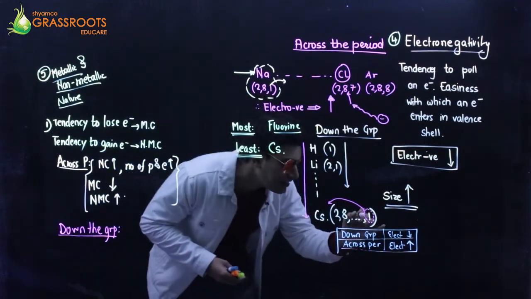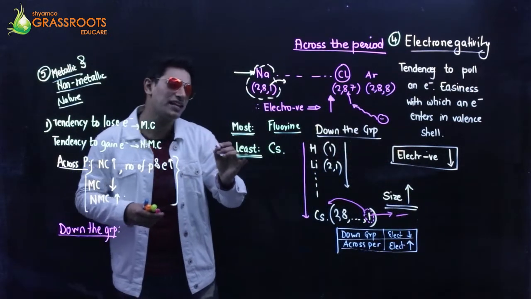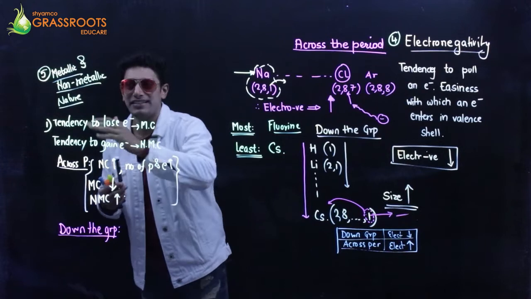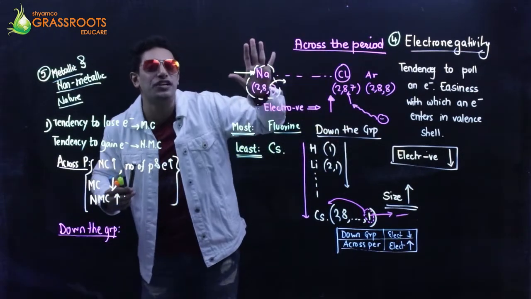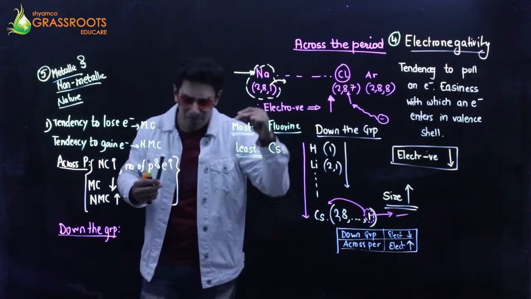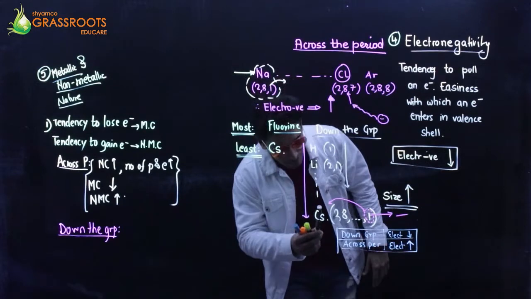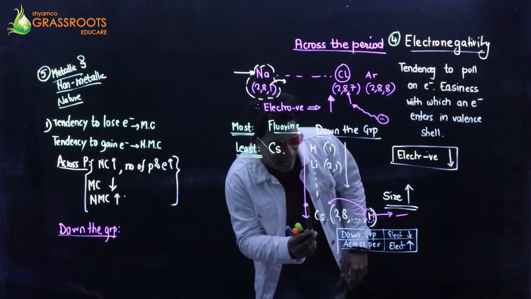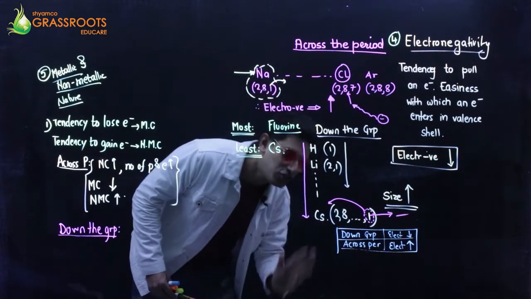Because of that, this electron can easily be lost. So what is metallic nature? The tendency to lose electrons easily is more metallic. So cesium has the most metallic nature.